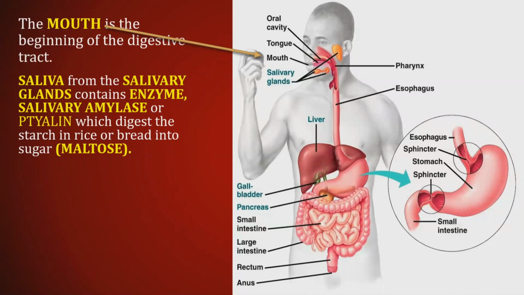Saliva from the salivary glands contains the enzyme salivary amylase or ptyalin, which digests the starch in rice or bread into sugar, also known as maltose.